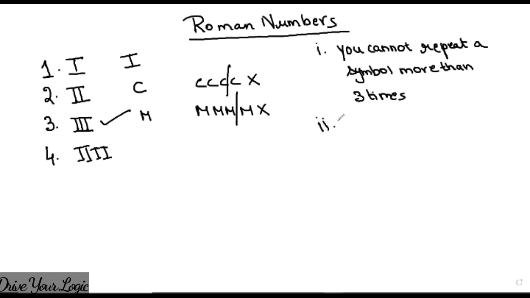Second point: a few symbols like V, which stands for 5, and L, which stands for 50, you can't write more than once. You can use these symbols only one time. Clear? So let's start, then you will understand more clearly.